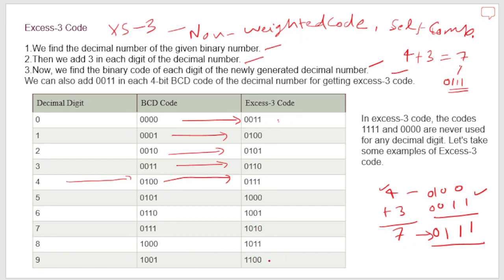So for 9 it is 12, since we added 3 here. Like this the excess-3 code will be generated.